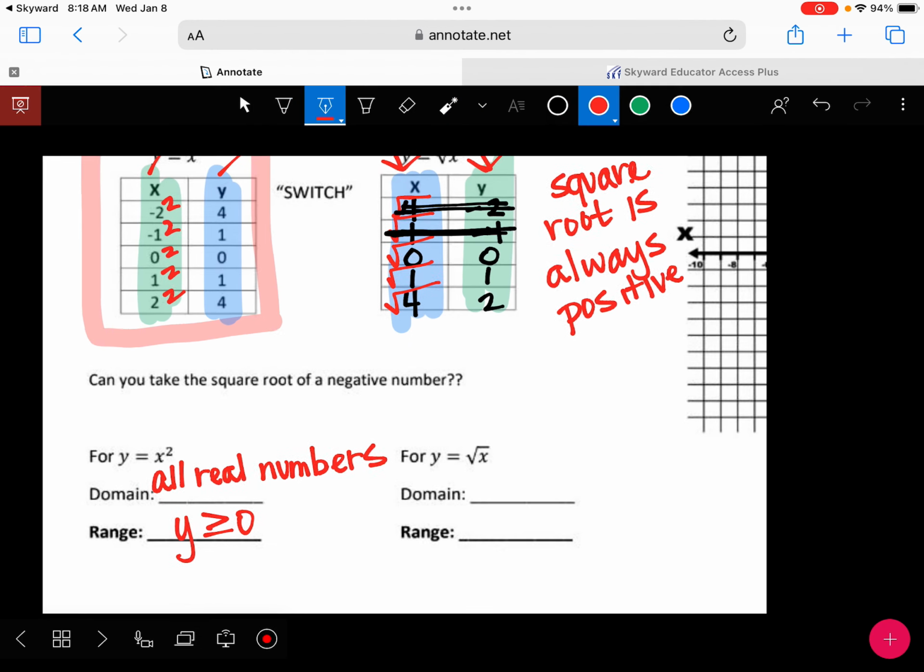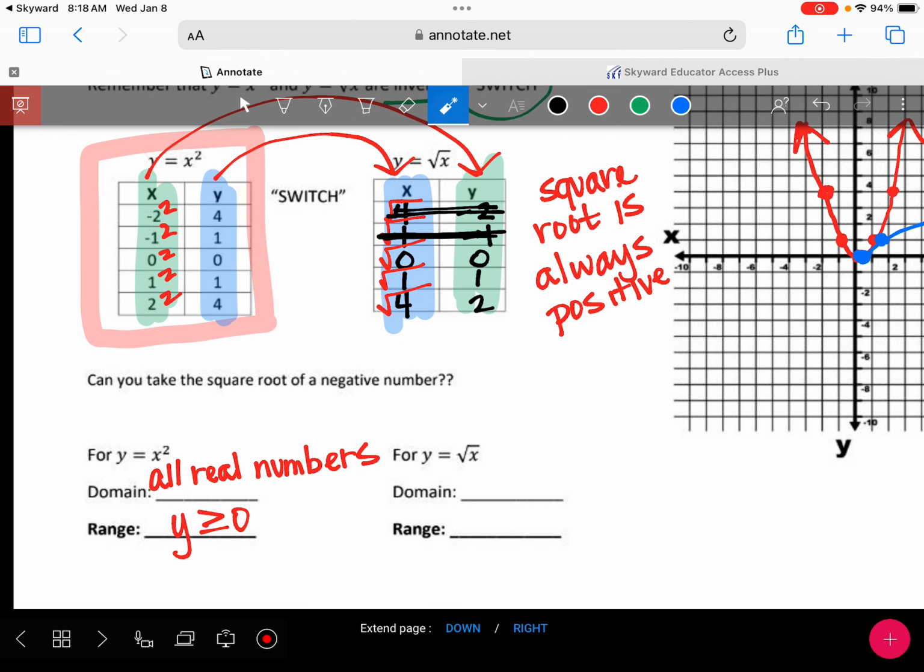But for the eyebrow, which is my square root, all of my x values are greater than or equal to 0, so that would be x is greater than or equal to 0, and my range would be the same.